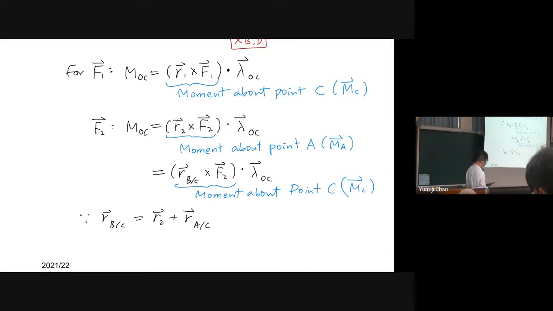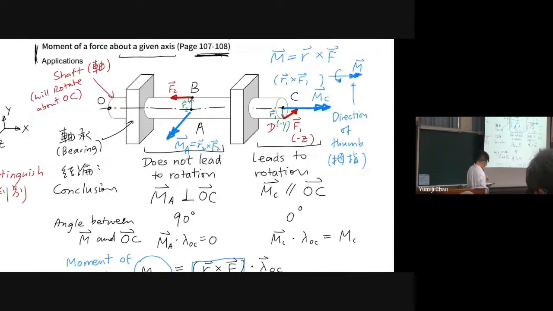And let's have a look. If we take this one as momentum, R_B with respect to C is this one, it is equal to R_A/C plus R2, right? It's okay.